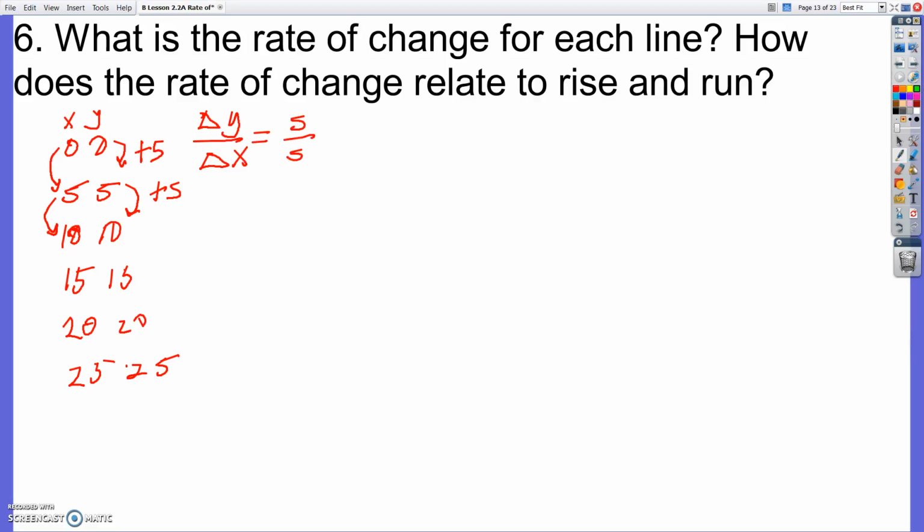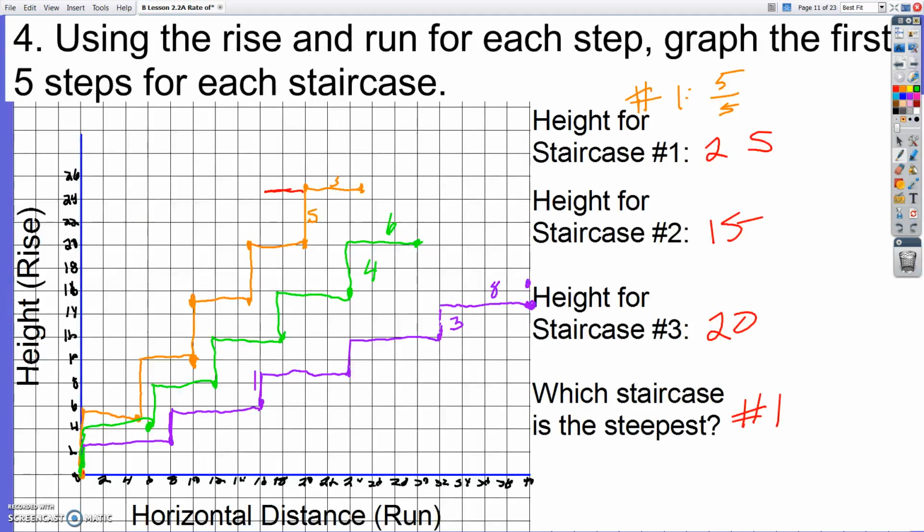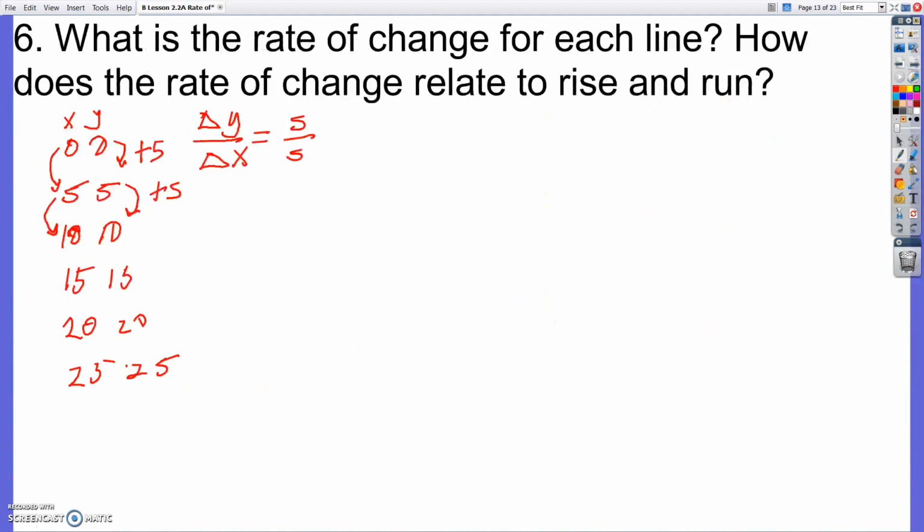Now on the second one, where I had a rise of 3 and a run of 8, that looked like 0, 0, and then here's my X, here's my Y. It went up to 3, 8, 6, 16, 9, 24, 12, 32, and 15, 40. And I want you to see, same idea.